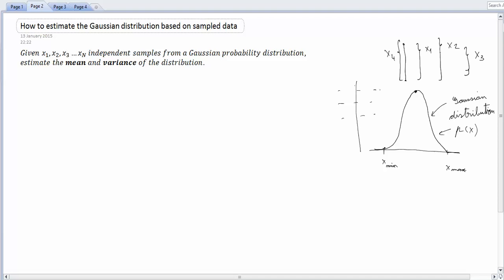I can have here on the vertical axis p of x, and I need to have p of x greater or equal to 0, right? And also I need to have the integral from minus infinity to plus infinity of p of x dx equal to 1.